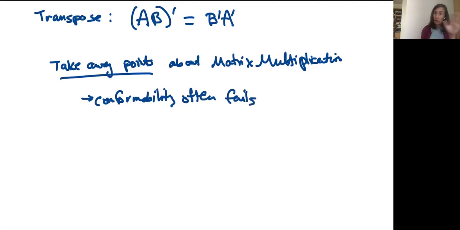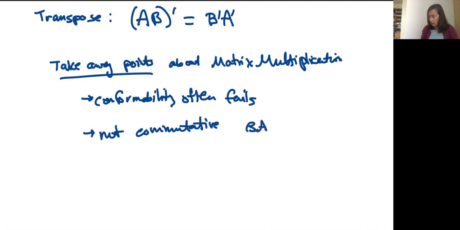So don't just see two matrices and assume, oh, I can multiply them. I would say assume you can't and convince yourself that the dimensions are such that you can do the multiplication. It's not commutative. BA does not necessarily equal AB. Some special cases where it does, but it's generally not something that you should assume.